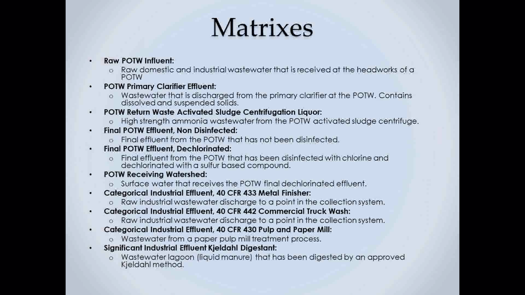And then a pulp and paper mill. This was a direct request to try this on a pulp and paper mill waste. And then we actually had a Kjeldahl digestate, and it came from a wastewater lagoon that handled a lot of liquefied manure. So pretty good sample there. So those are the types of matrices we looked at. You're supposed to look at a minimum of 9 matrices. We looked at 10.